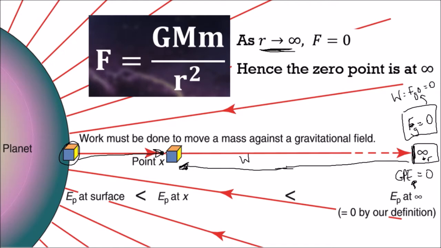So we're doing work against gravity. We also said if we're going down like so, work being done with gravity, we're losing potential energy, right? So we're seeing a negative change in potential energy, and that's becoming work done.